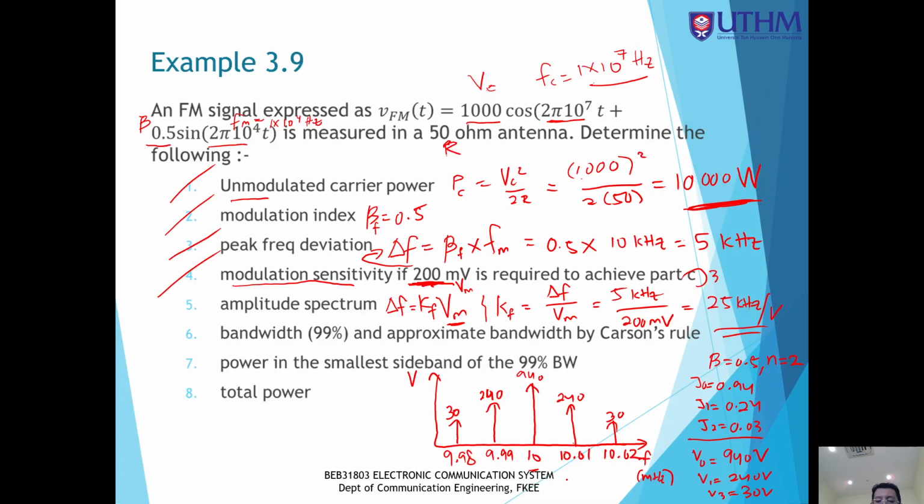So this is Fc plus Fm, this is Fc plus 2 Fm. Similarly on the other side, Fc minus Fm, and another one here is Fc minus 2 Fm. Okay, so you get the amplitude spectrum.